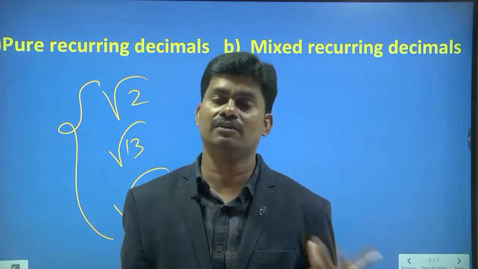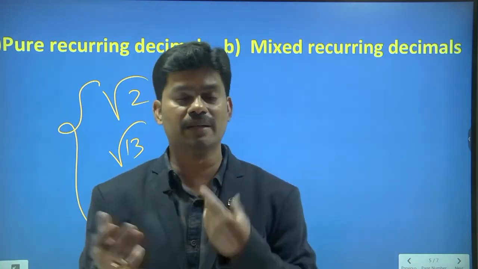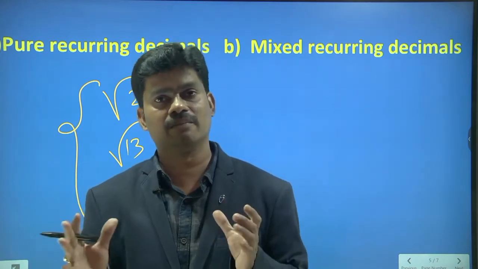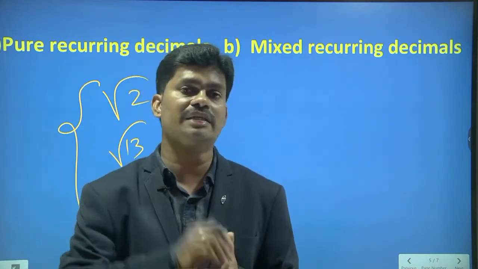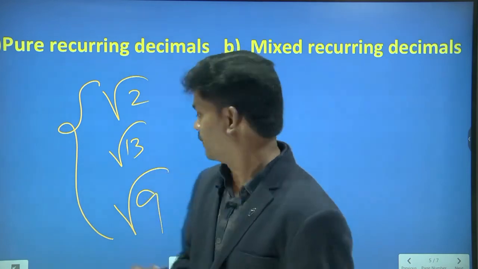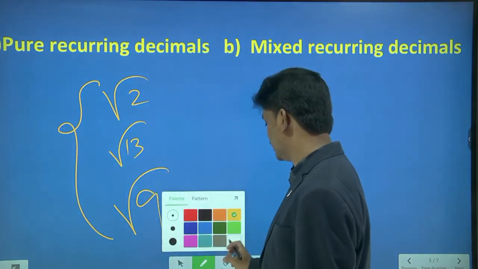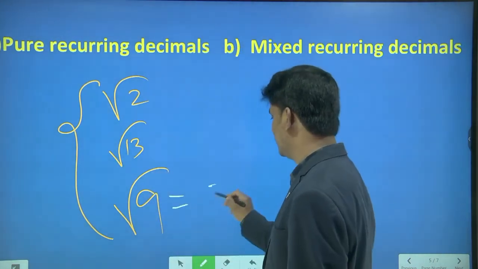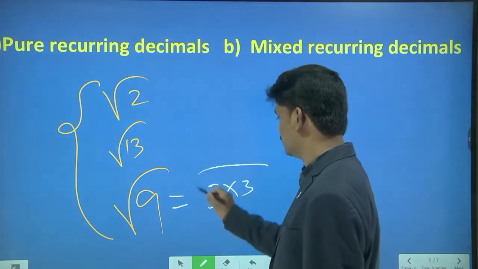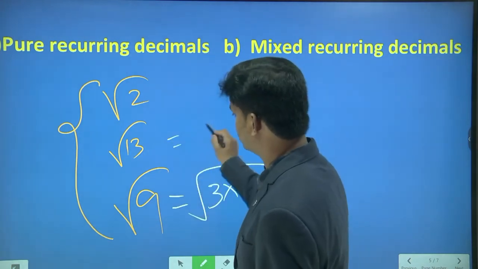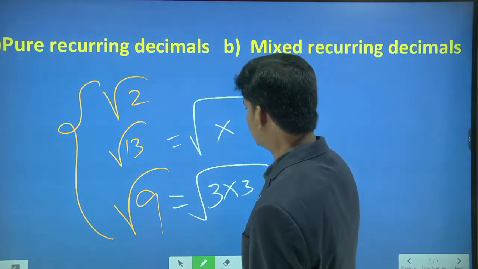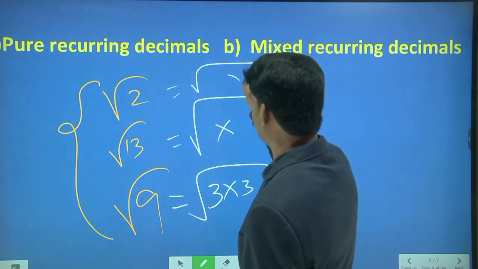But for root 9, we know the multiplication, how to express a number as a product of 2 equal factors. I know how to express 9 as 3 into 3. But 13 I can't, and 2 also I can't.